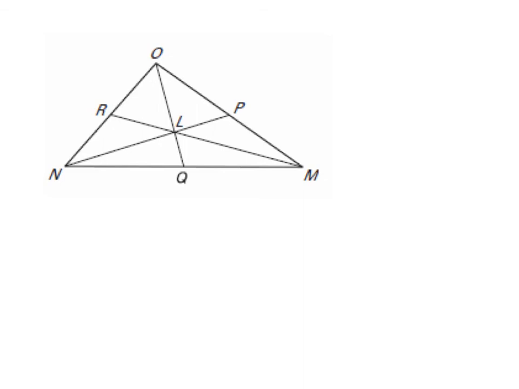So basically, if we were to look at this median here, OQ, it's broken down into sections. If we were to draw it as just a segment, we have OQ. This is O, and this is Q. And you can see right here, it's cut off right there by L.